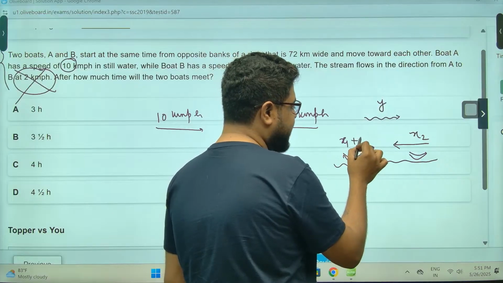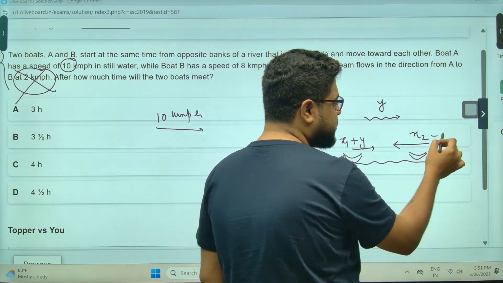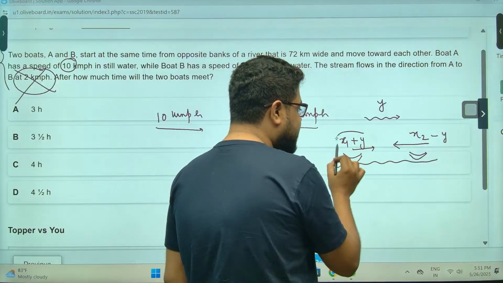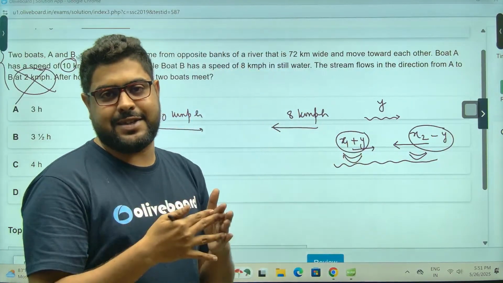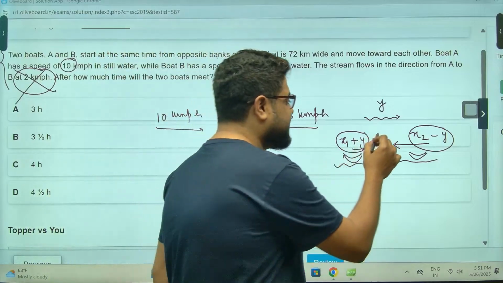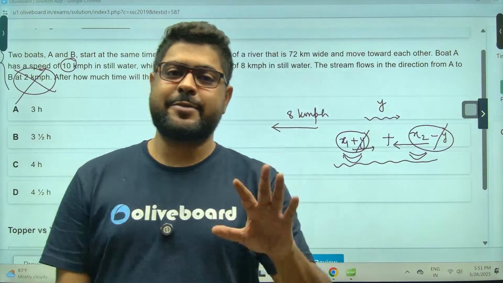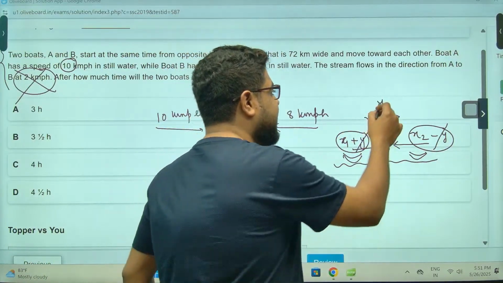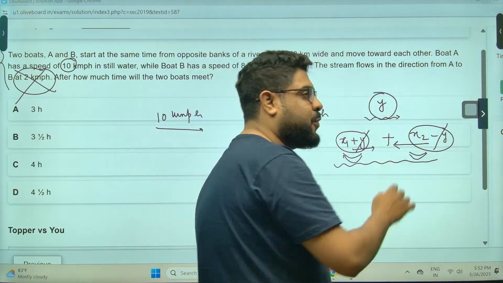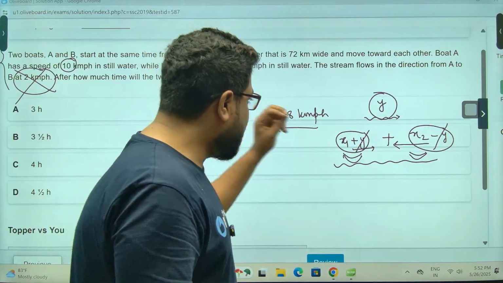So it will be x1 plus y, because it is going downstream. The other is going upstream, so it will be minus y. Now both the boats are moving in opposite directions, so relative speed is plus, and y cancels. You do not even need to know y, or which direction is upstream or downstream. There is no role of stream.